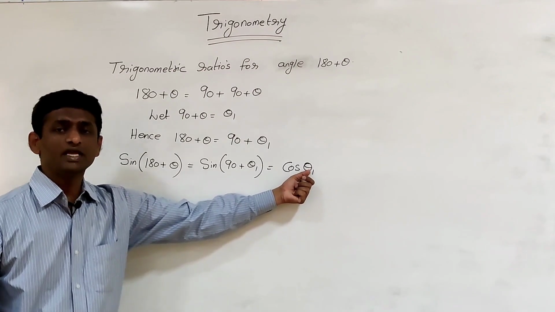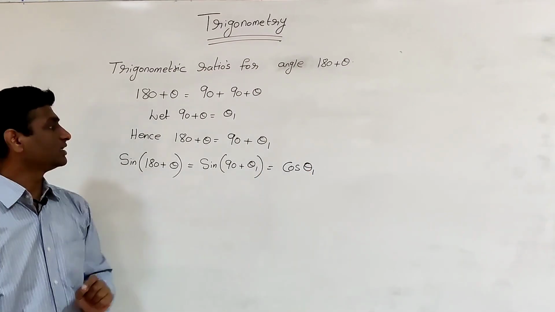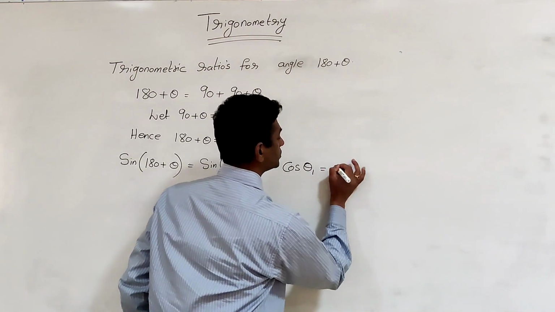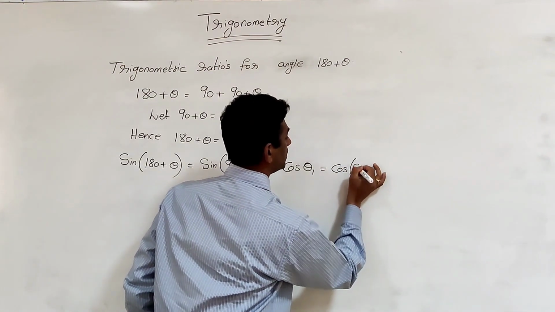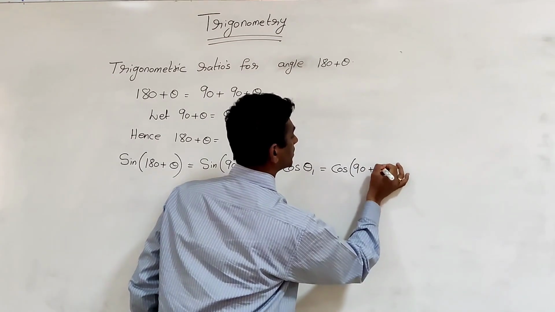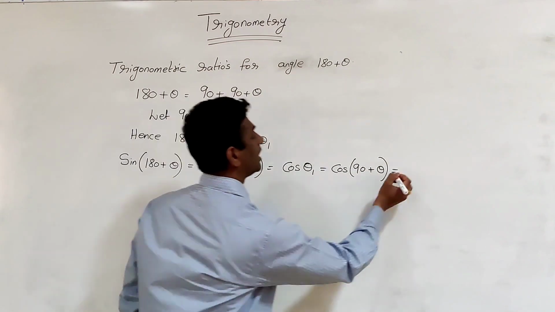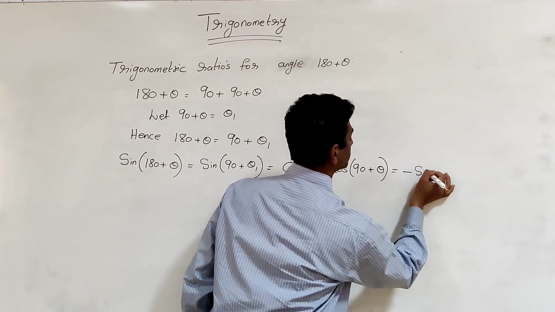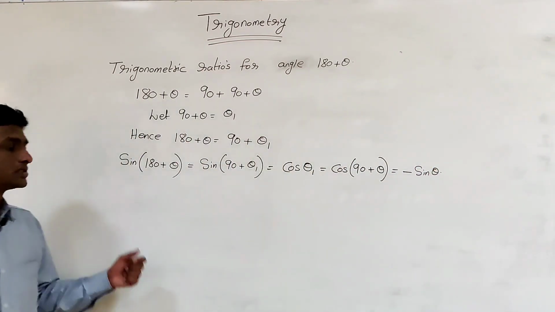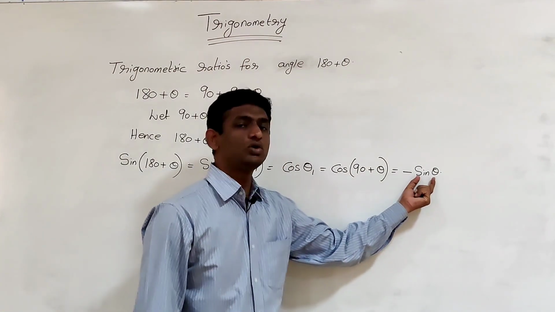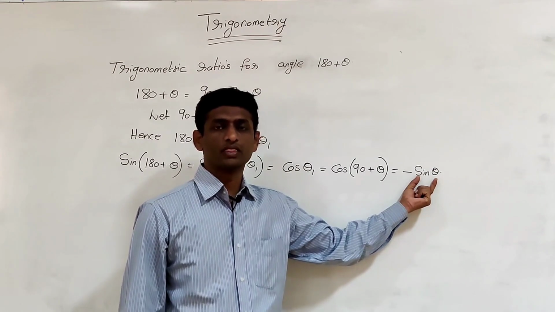But replace theta 1 with the original, that is 90 plus theta. So cos of 90 plus theta is minus sin theta. Means sin of 180 plus theta is equal to minus sin theta.